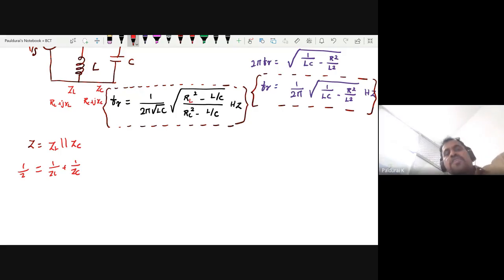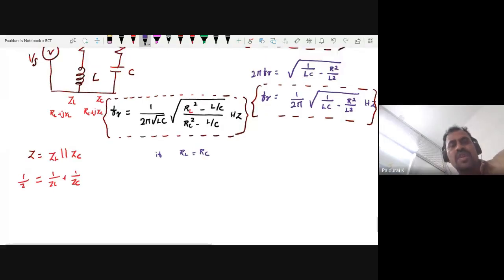So FR, if we derive, we will get 1 divided by 2 pi square root of LC, RL squared minus L by C divided by RC squared minus L by C. Here one more interesting observation. If RL equal to RC, if these two are equal, what will happen?